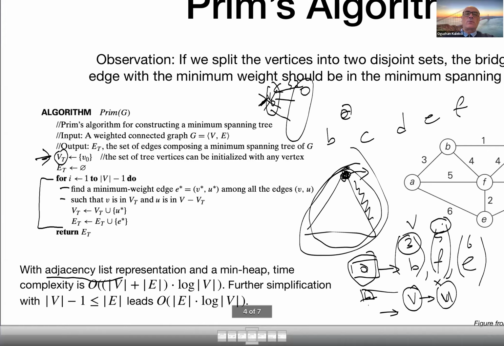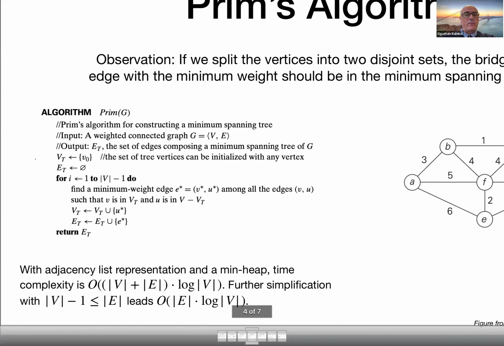And the moral of the story, if I run this algorithm, what will happen is, from the min heap data structure that includes all the vertices, so the size is V, and I will need to remove one of them at each step, so this will bring that much of complexity.